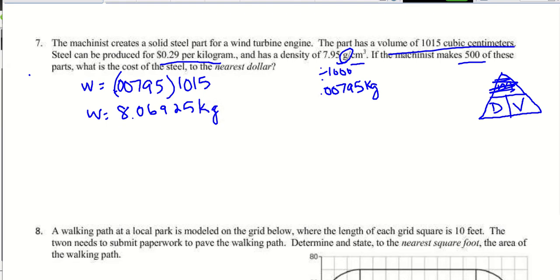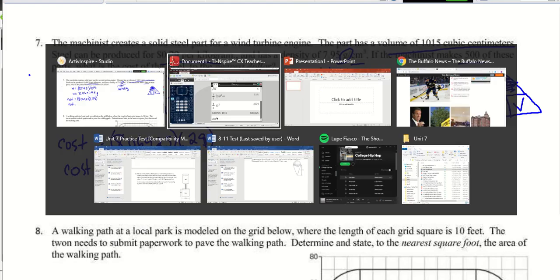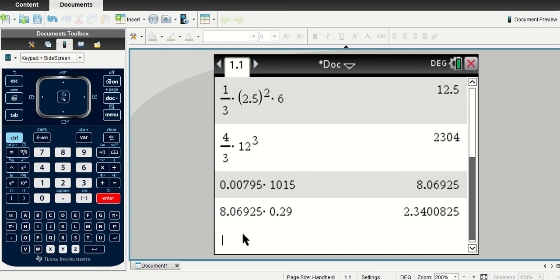Okay. Now we want to figure out how much money we're making. So the cost is equal to that weight, 8.06925, times the cost, which is 0.29 for all the kilograms. So times 0.29 gives us 2.340085.